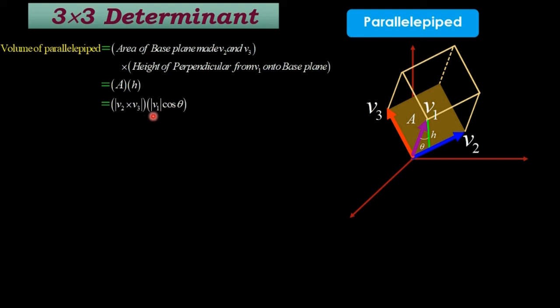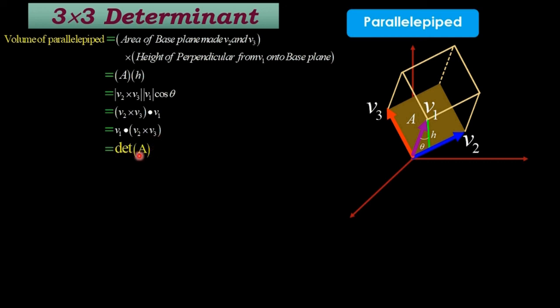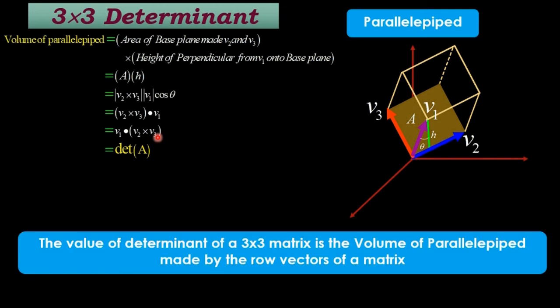But this is the expression of V2 cross V3 dot product V1, or you can rewrite V1 dot V2 cross V3, which is nothing but the determinant of A. So the volume of the parallelepiped made by the vectors V1, V2, V3 is the determinant of A, and V1, V2, V3 are the row vectors of matrix A. Therefore, the value of the determinant of a 3 cross 3 matrix is the volume of the parallelepiped made by the row vectors of matrix A.